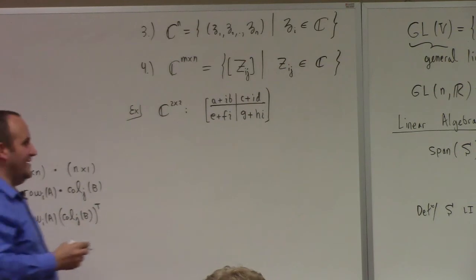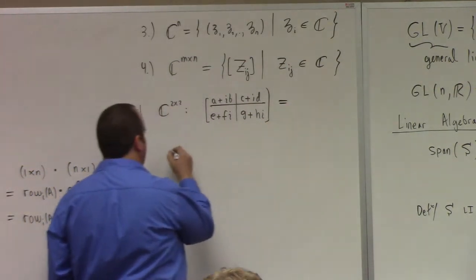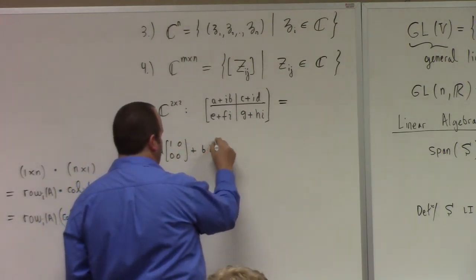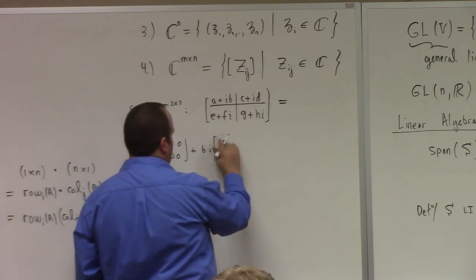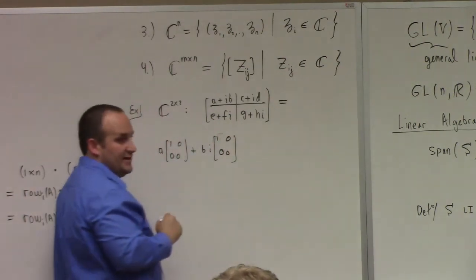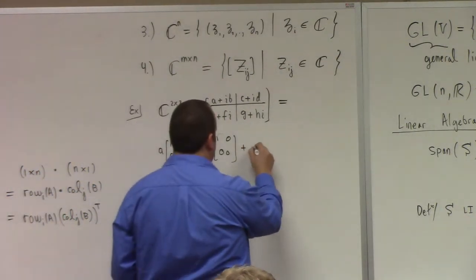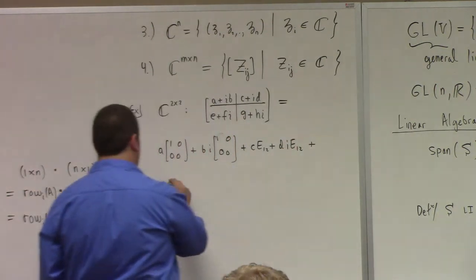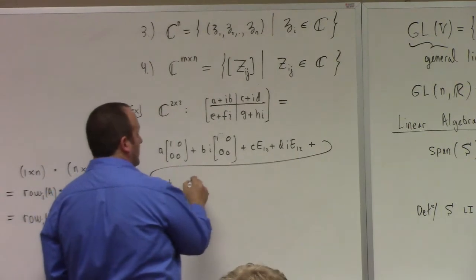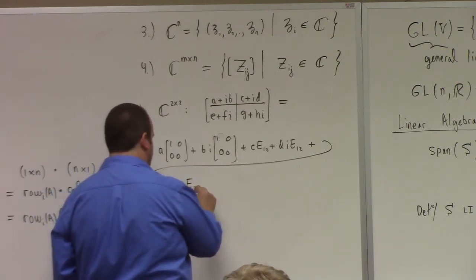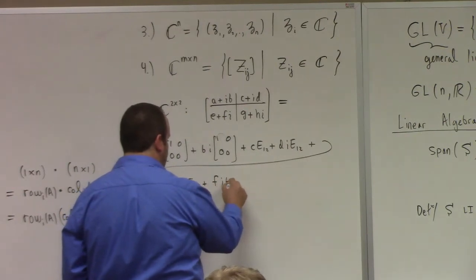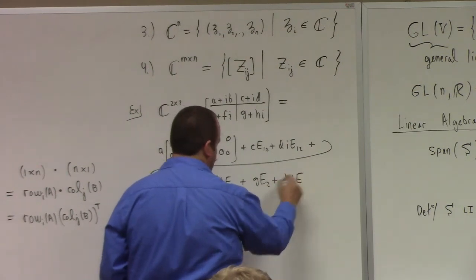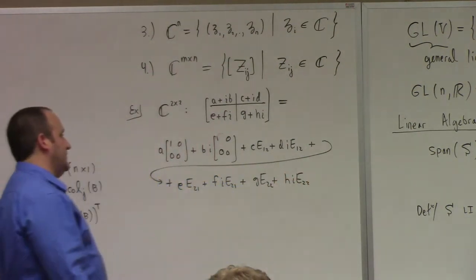If you take this 2 by 2 complex matrix, you can write it out like this: A times E11, plus B times i E11, plus C times E12, plus D times i E12, plus E times E21, plus F times i E21, plus G times E22, plus H times i E22. All right, so there's your 2 by 2 complex matrix.